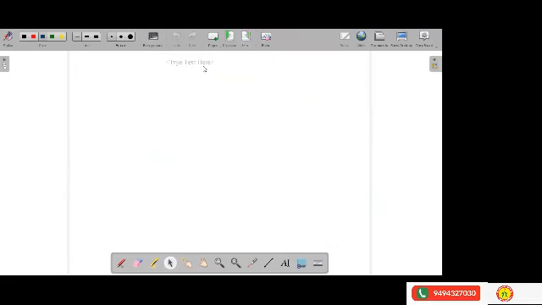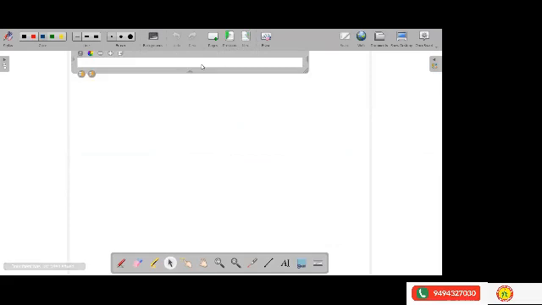Now we have to do the refraction through a rectangular glass slab. We will observe what a glass slab is and how the refraction occurs through this glass slab.